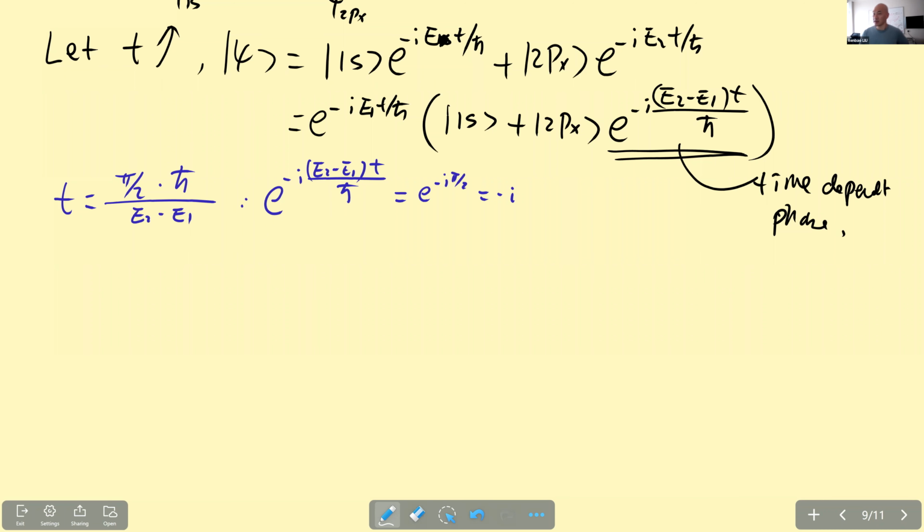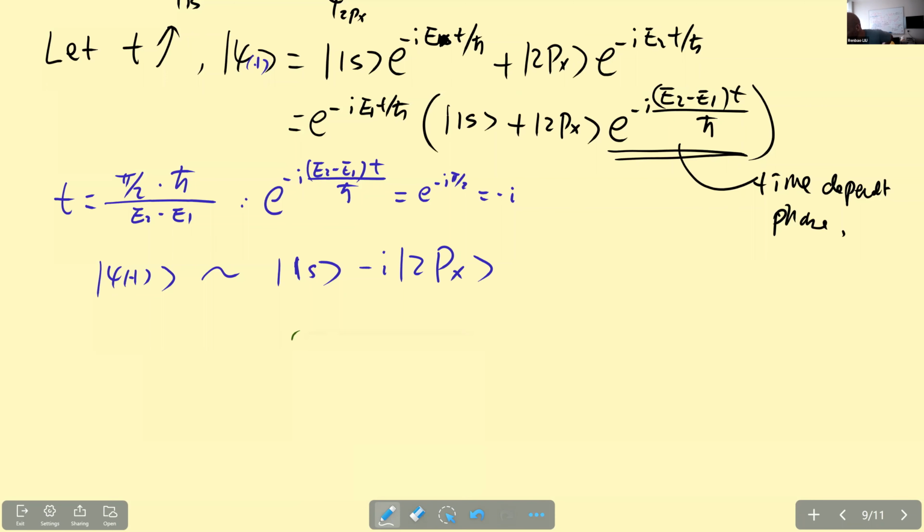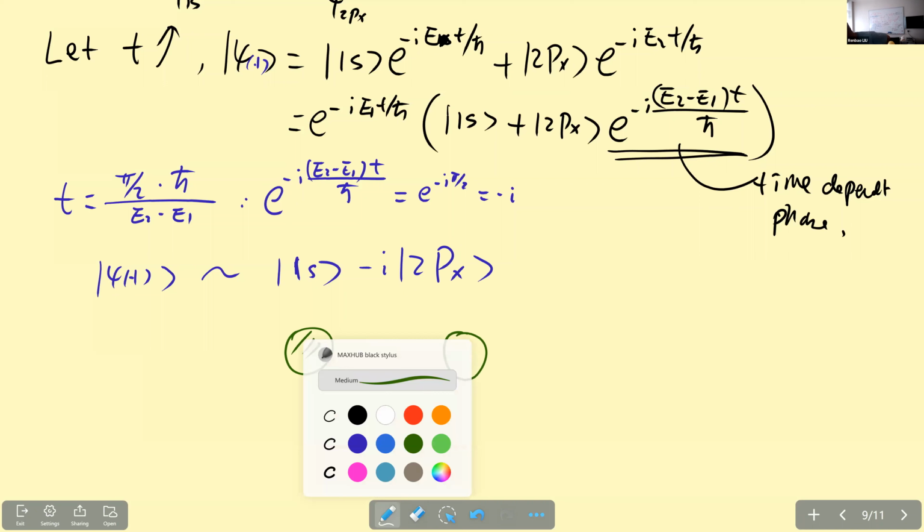Okay? So now let's look at psi at this t. That will equal what? That's essentially just 1s, because the global phase is not important, plus now this plus will change to be minus i 2px. Okay? So now this is the phase. This one is positive, this one is positive, and this one is negative.